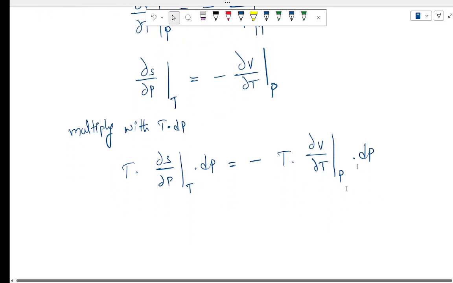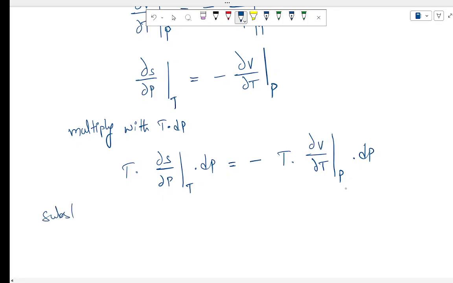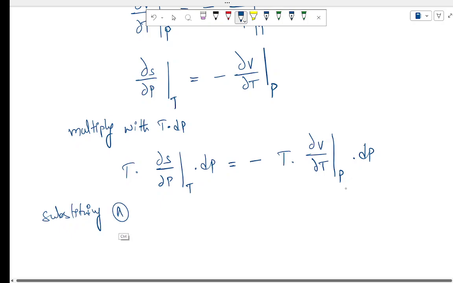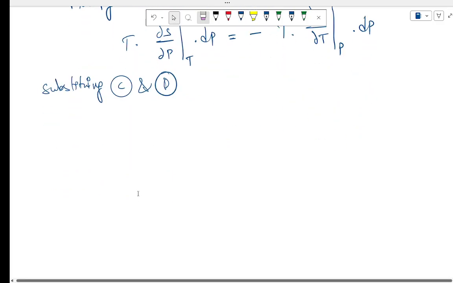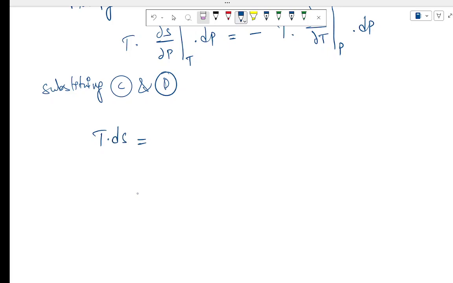So if I substitute these two in my TdS expression, substituting, sorry, this is not A, this is C and D. Substituting C and D in my TdS expression, I'm going to get that TdS equal to Cp dT minus, this minus is very important, so don't miss this minus, T into ∂V/∂T at constant P into dP.